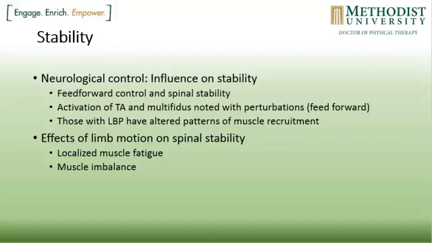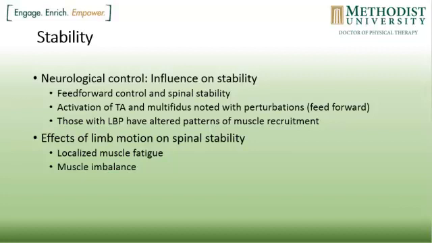And finally, neurological control and its influence on stability. It has been noted that those who have low back pain often have altered patterns of muscle recruitment and have difficulty recruiting the transverse abdominis, internal obliques, erector spinae, and many of the other muscles that are involved in stabilizing the spine.